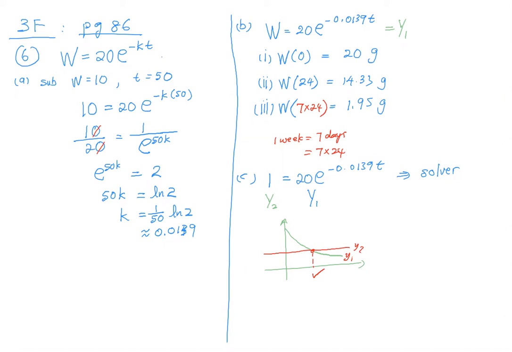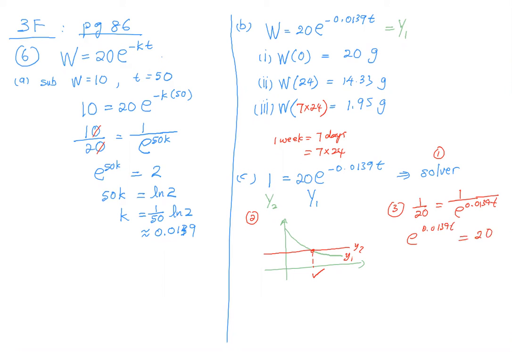You also can solve it manually, your choice. So there are 3 ways of doing it. Manually, I mean, 1 over 20 is equal to e to the power of negative 0.0139t, so e to the power of 0.0139t will be equal to 20.